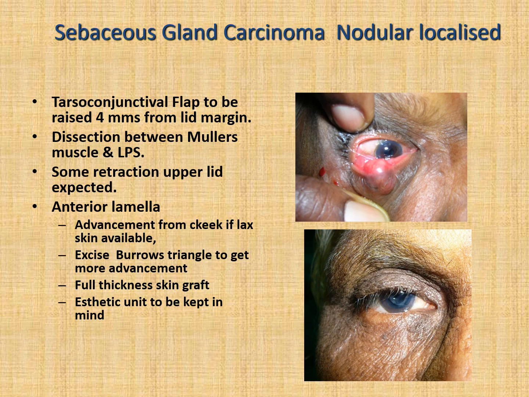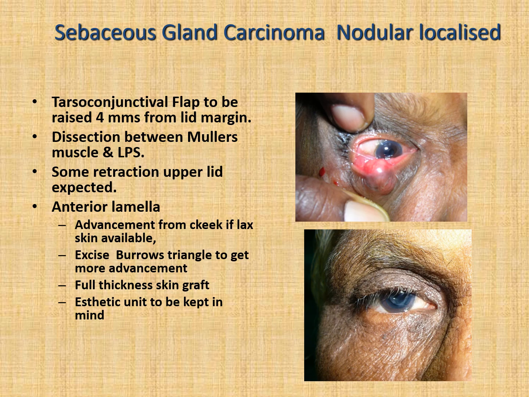Sebaceous gland carcinoma, nodular variety. The tarsoconjunctival flap is to be raised 4 millimeters from the lid margin, with dissection between Muller's muscle and LPS. Some retraction of the upper lid is expected.